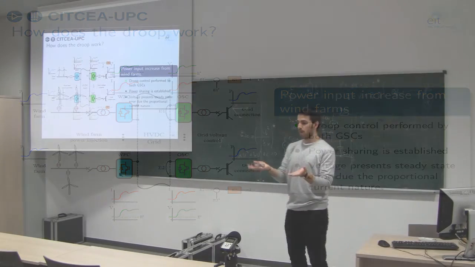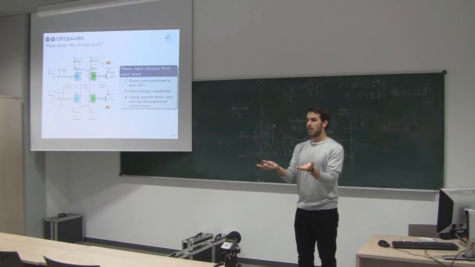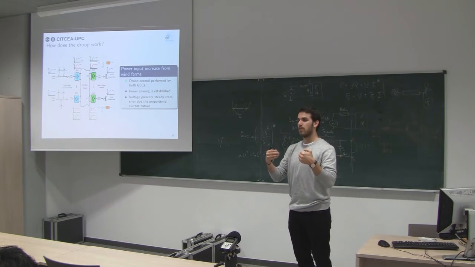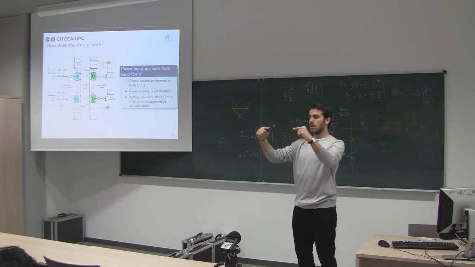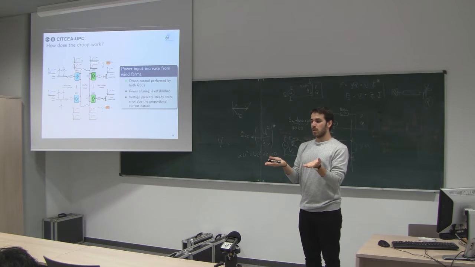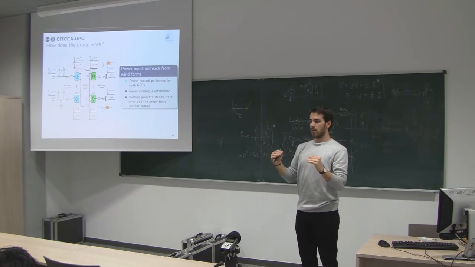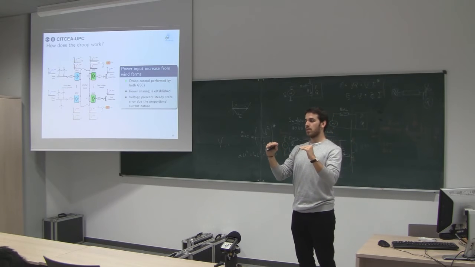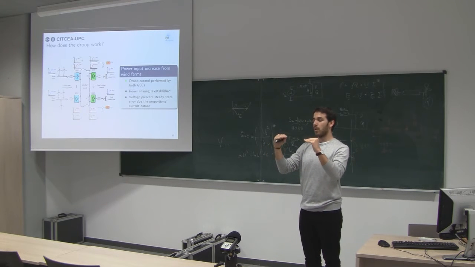So you have to imagine that if you have, for example, two nodes that are measuring the same voltage, you have power incoming from the wind farms, your voltage rises up, and then you have two different measurements. Say my measurement in per unit is 1.05 per unit in both cases.